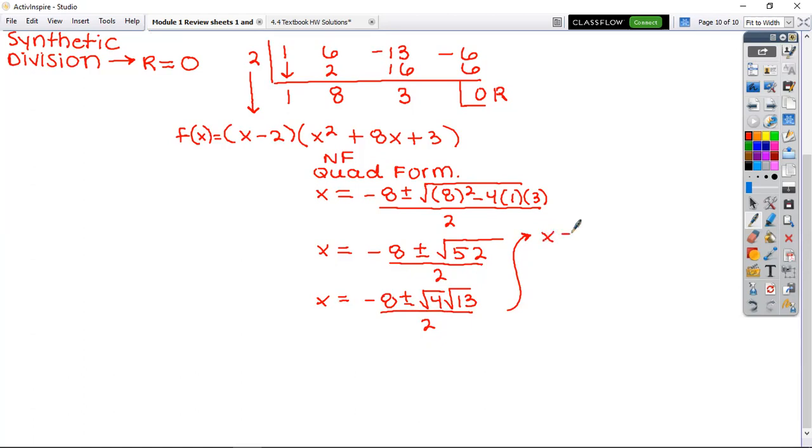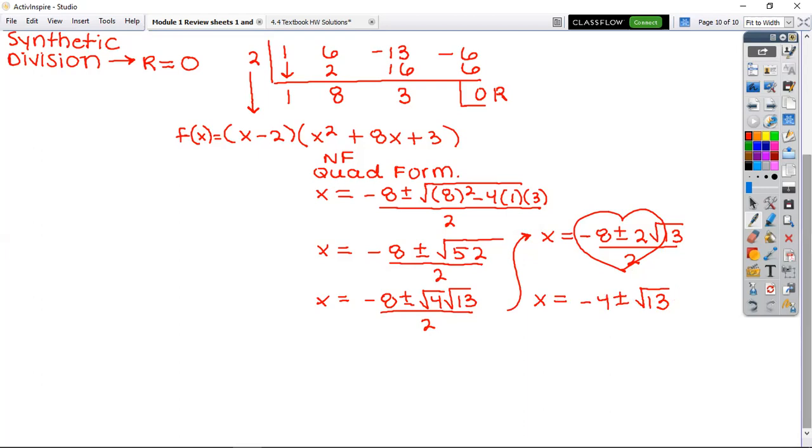We have x is equal to -8 plus and minus 2 radical 13 over 2. And do I have to continue? Yes. You got to simplify this. You must. So x is equal to -4 plus and minus the square root of 13. And that stands for 2 irrational roots. And again, just like with those imaginaries, these always come in pairs.